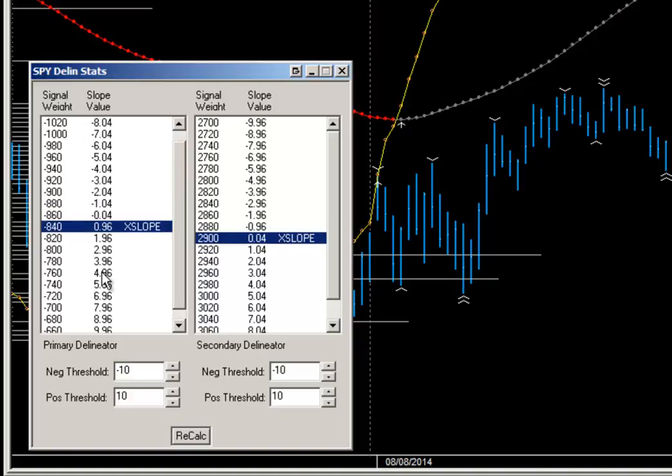We see here at minus 840 the slope would be 0.96, which is still positive, and at minus 860 the value of the slope would be fractionally negative, but that's where the slope change is, when the value of the slope goes from a positive number to a negative number.